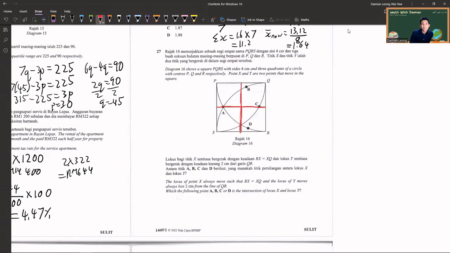Yeah, so this is exactly 2 cm, kurang daripada, so less than, closer to R. So around here means it will be point C. Titik persilangan antara lokus X dengan lokus Y. Okay, titik yang mengikut dua-dua lokus ini.